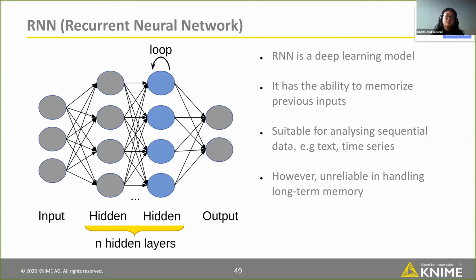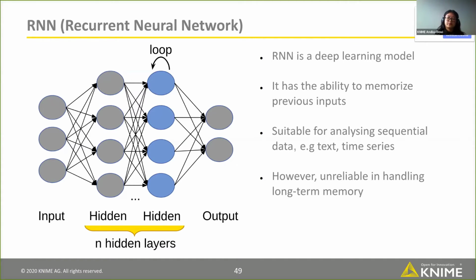So it is similar to a loop where each iteration takes into consideration all information from previous iterations, and this enables RNN to memorize history. That's why RNN is suitable for analyzing sequential data, where the order of the data is very important, for example text or time series.